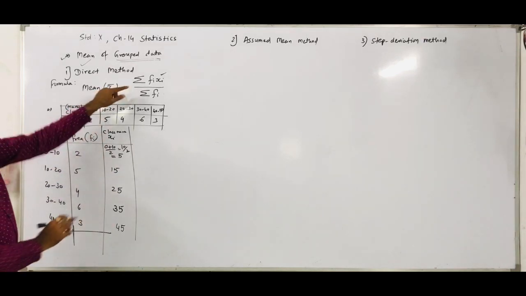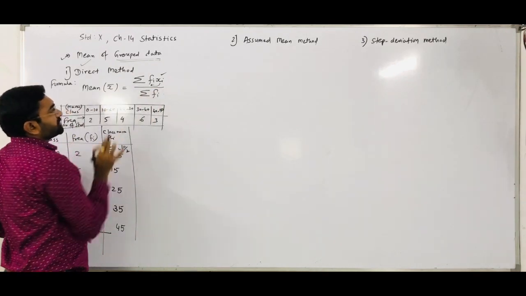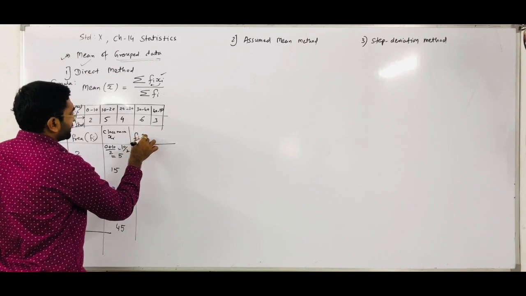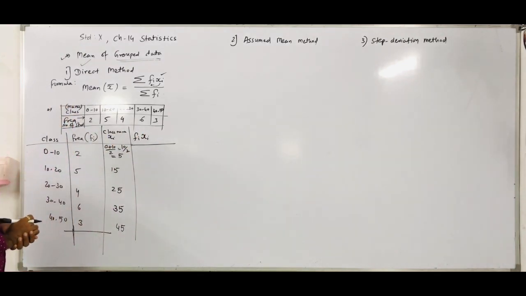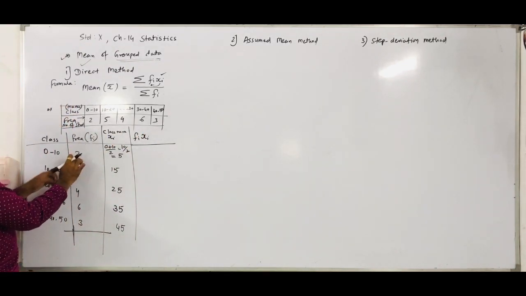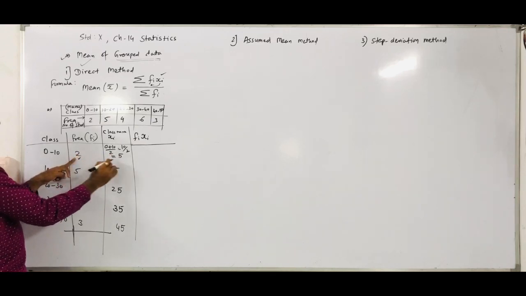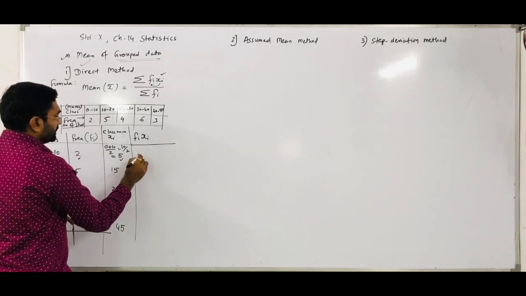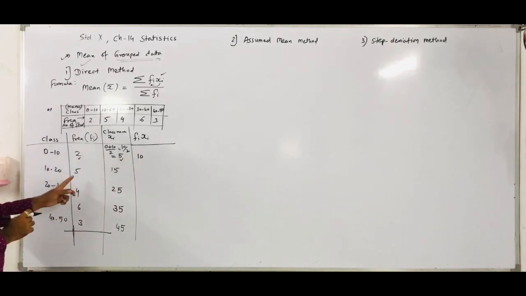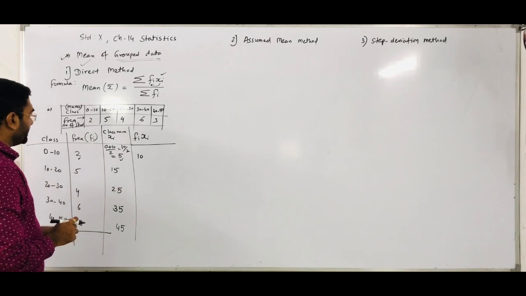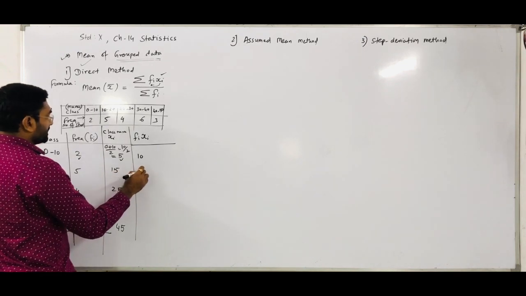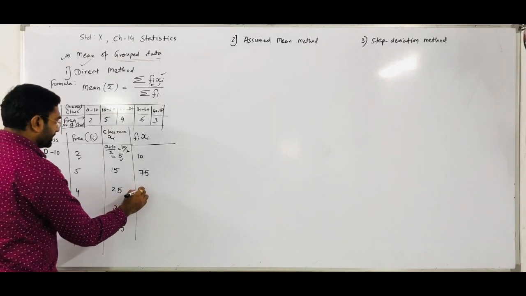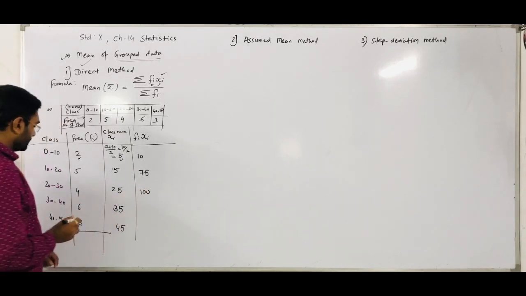But observe, in the direct method we require xi multiplied with fi. So we have to make another column, fi xi, in which fi is this one and xi is this one. For each and every class we write the fi xi multiplication. So 2 into 5 is 10 only, right? 5 into 15, so 75. Now 25 4s are 100, right?